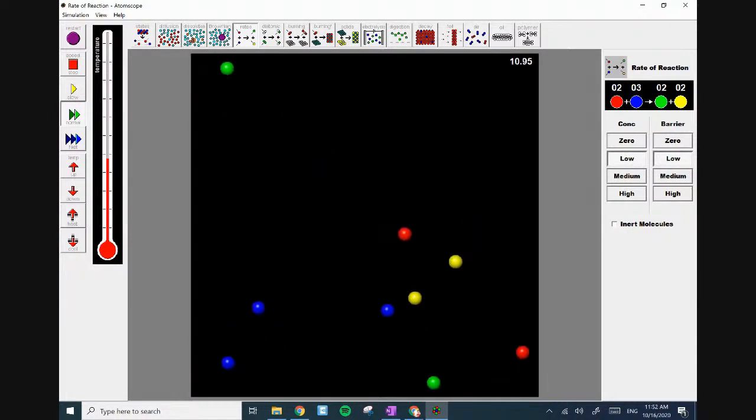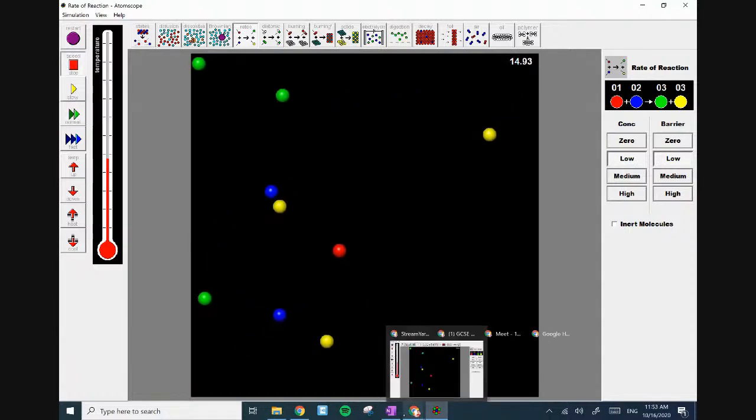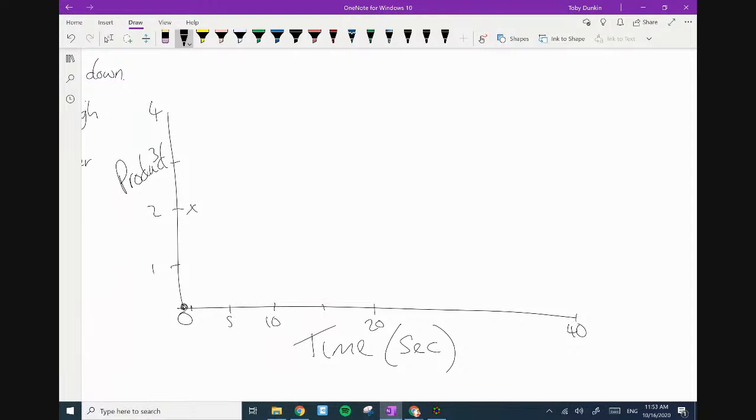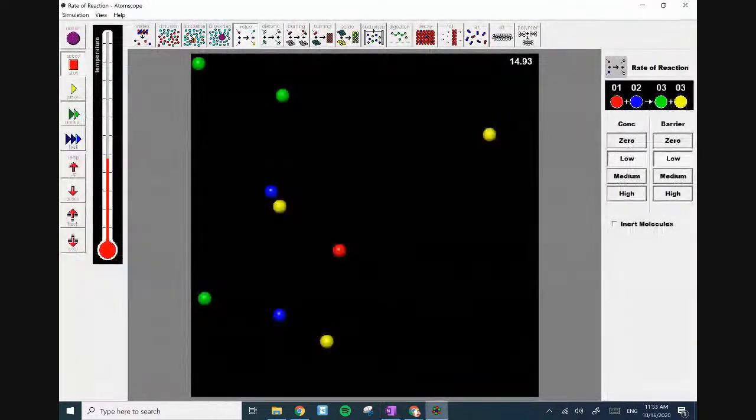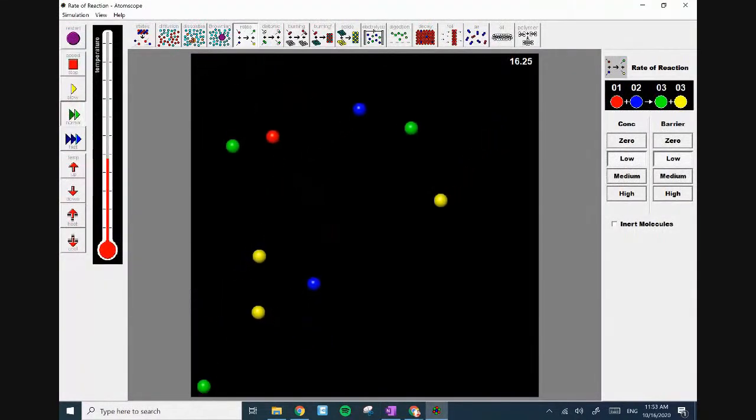Well, that's interesting, isn't it? Stop. 14.93. Well, there's 15. To make the third goes to here. Right, what about the fourth one? Oh, an unsuccessful collision.